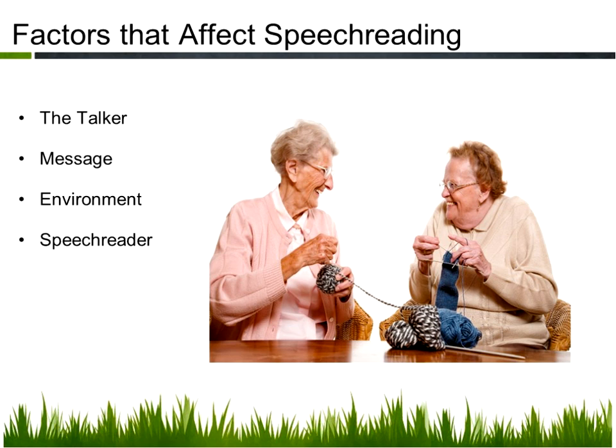So when we think about what can I influence, what can I change, I can certainly change the talker, meaning I can train my client's partner. I can certainly control the message. I can talk about how long, how syntactically complex, how frequent or familiar the words are, what is the context that I'm provided, or am I looking at words that are homophonous? So I can control the message and make it easier or harder.